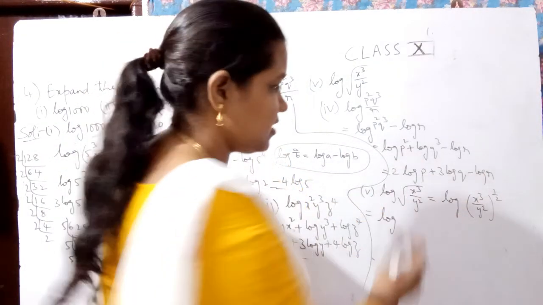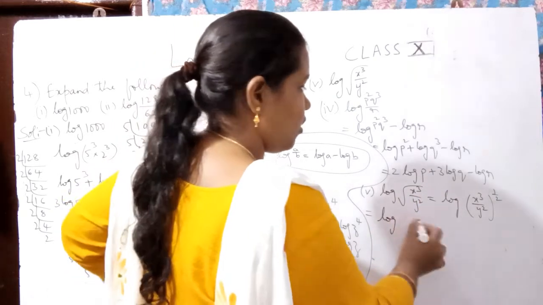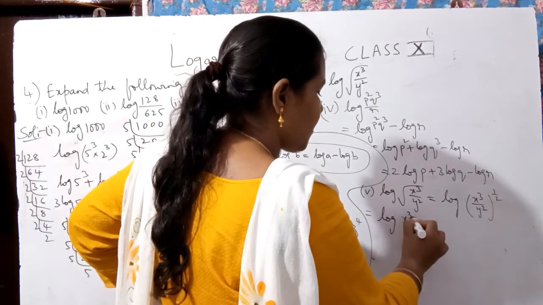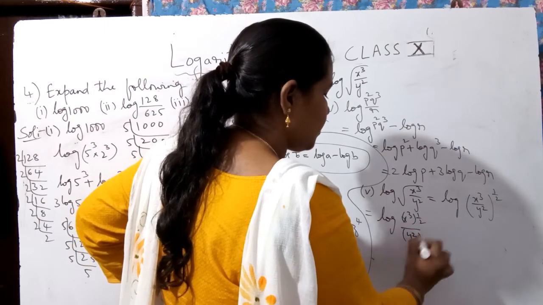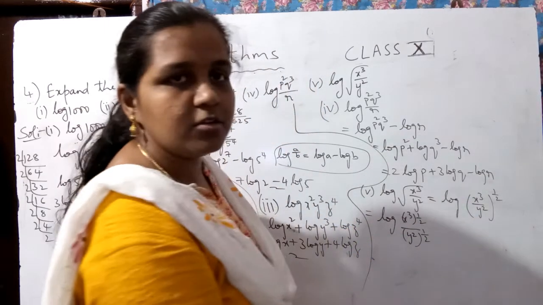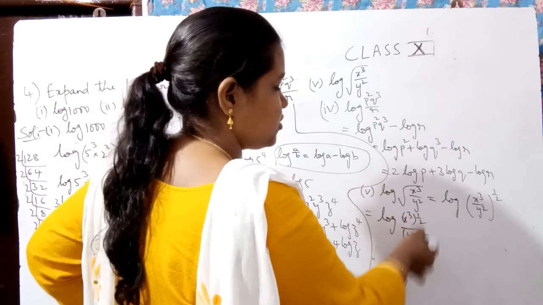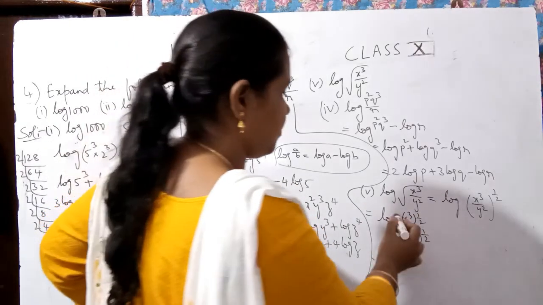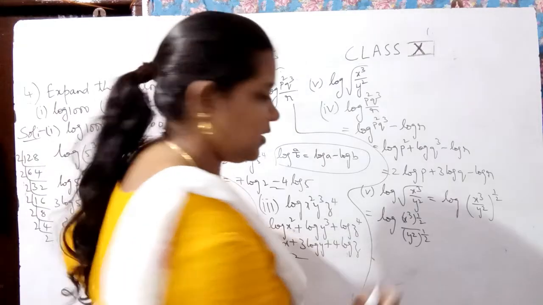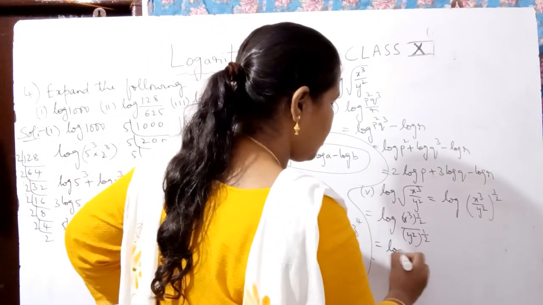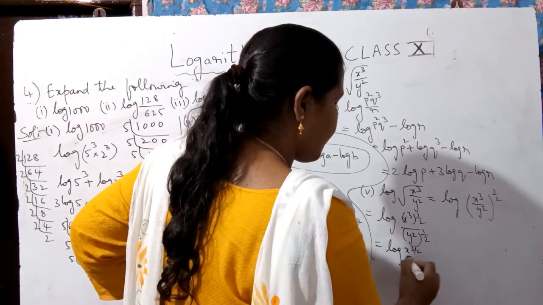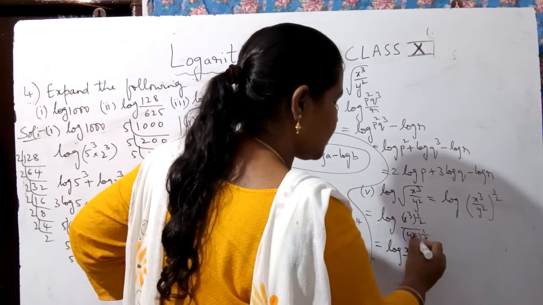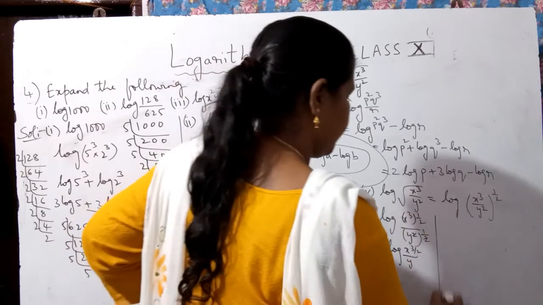I am applying the power separately to both numerator and denominator: log x cube power 1 by 2 by y square power 1 by 2. So this can be written as log x power 3 by 2 by y power 1, as the 2 gets cancelled.